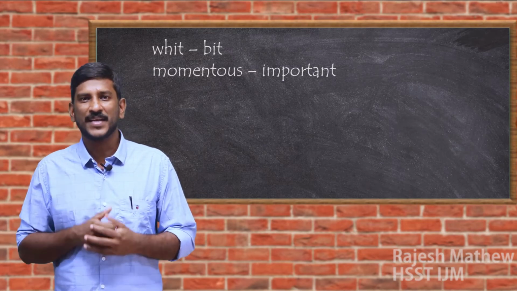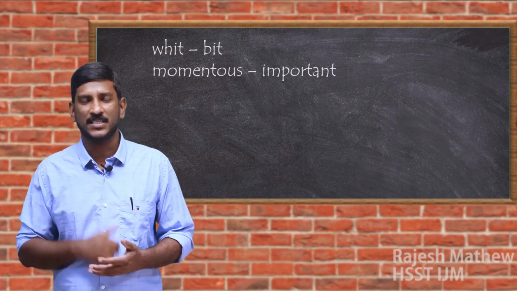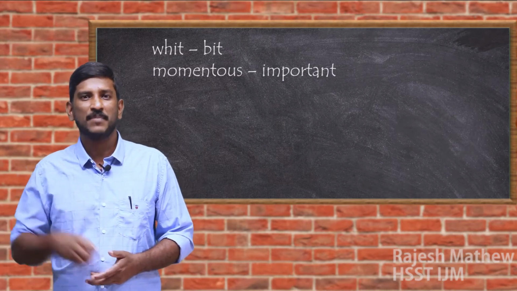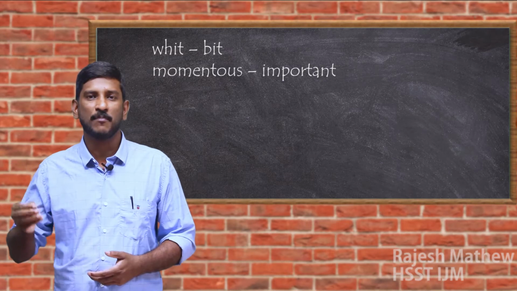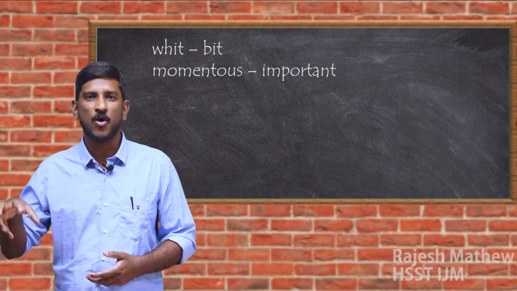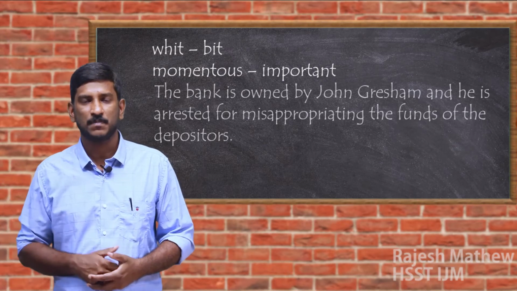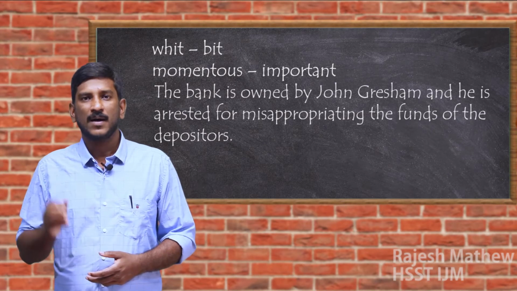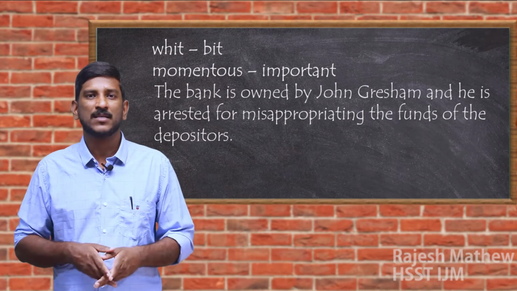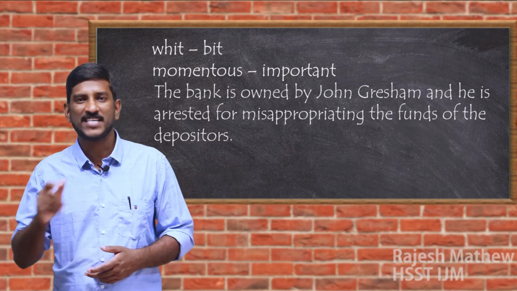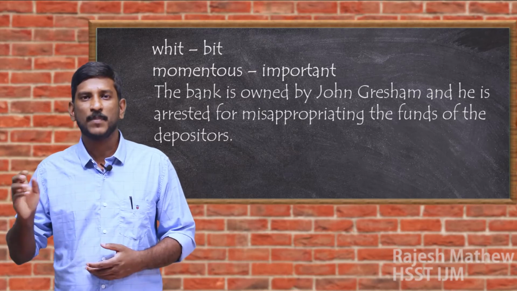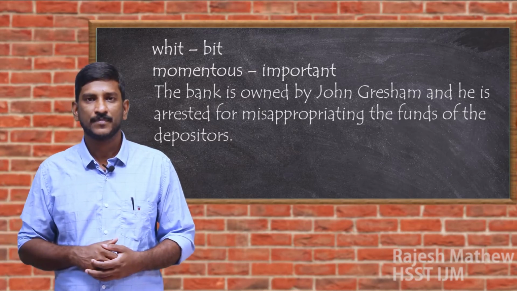There is a specific reason for their anxiety. Robert Baldwin, the head of the family, has been working as an employee in a bank which is owned by John Gresham. Unfortunately, the bank collapses, the bank crashes, and Robert Baldwin loses his job.